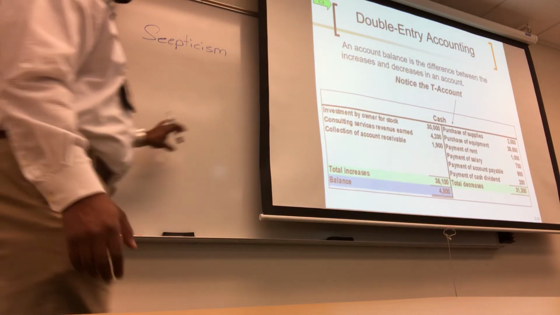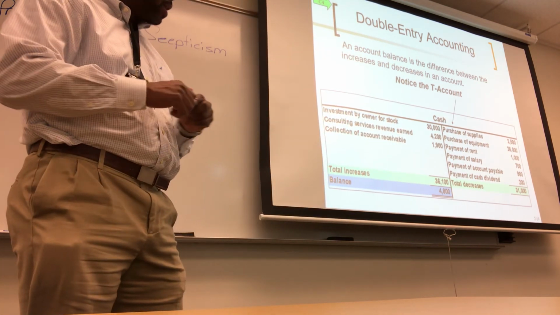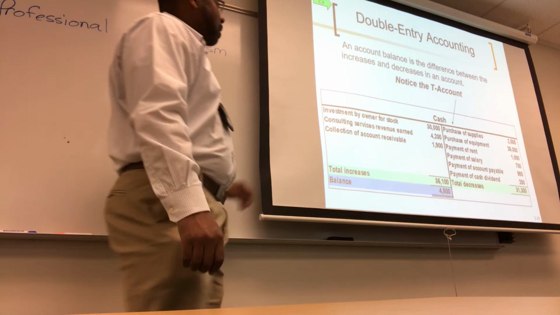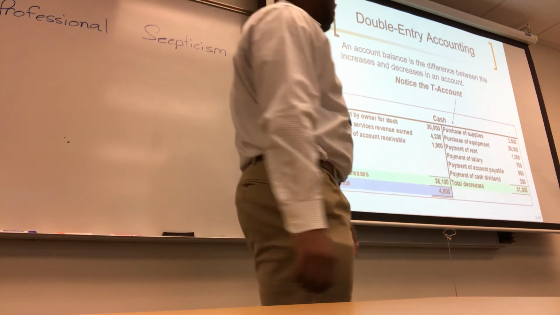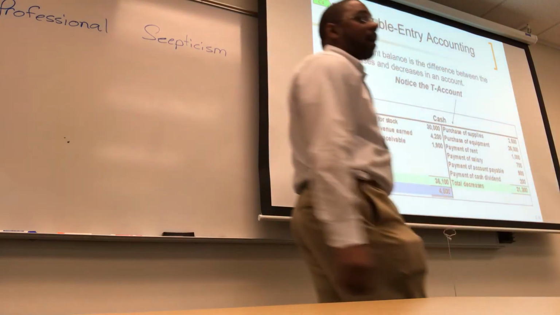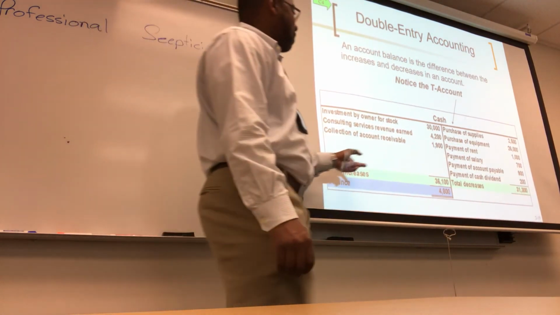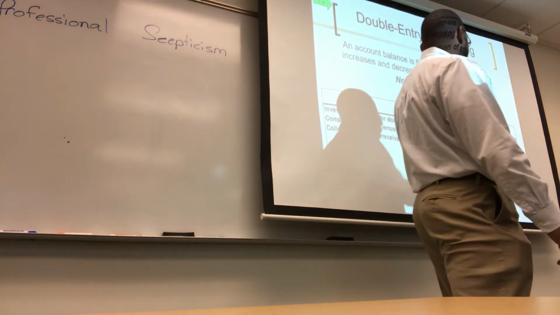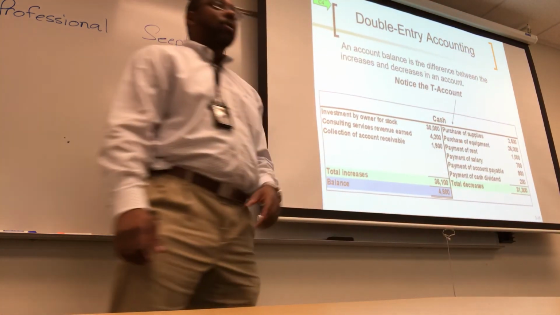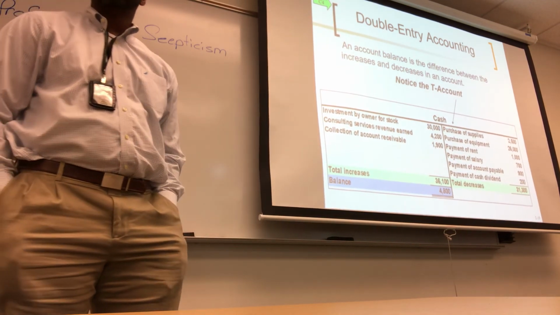So I showed you a T account for cash. This is another example of that. As you see here, we have 3 debit transactions and 6 credit transactions that affected the account. They sum the debits, they sum the credits, and the difference was a debit of $4,800.